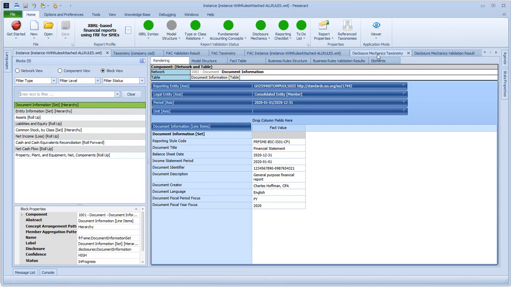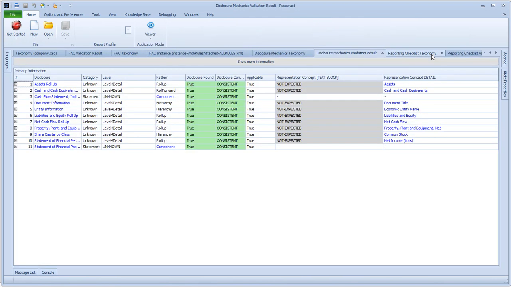And in the disclosure mechanics validation, here are those 9. 1, 2, 3, 4, 5, 6, 7, 8, 9. So these are not counted. This is the balance sheet, and that's a component.